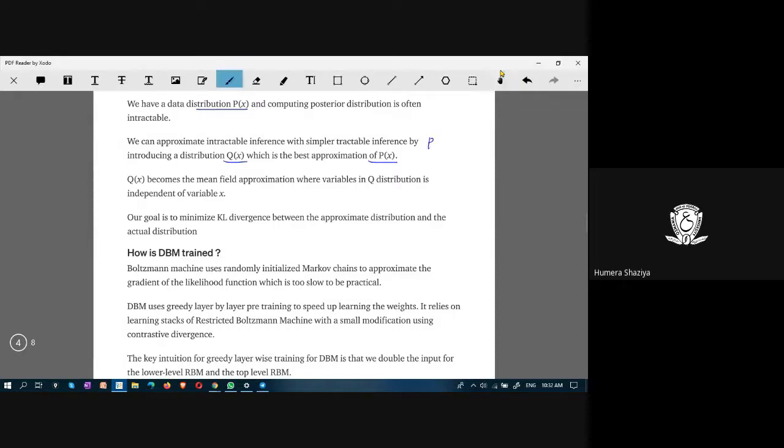The posterior distribution is approximated, and it can be determined that this approximated distribution is the best approximation of P of x, and Q of x becomes the mean field approximation where variables in the Q distribution are independent.